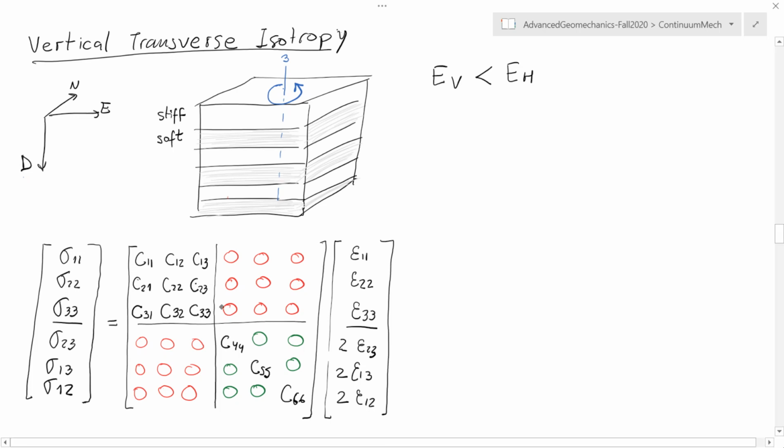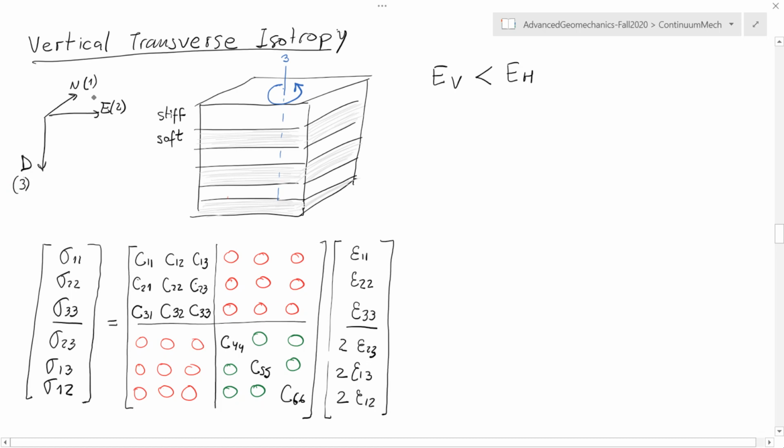Before we do that, in order to continue with the same notation as the one that we have over here, remember that this particular system is defined so that the north is the first element, the east is the second element, and the direction down is the third element.